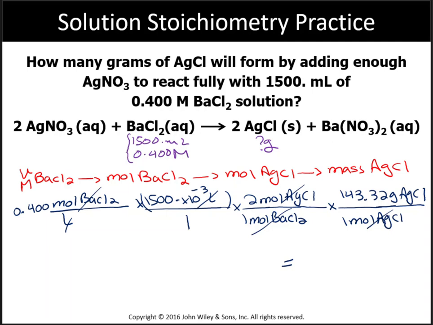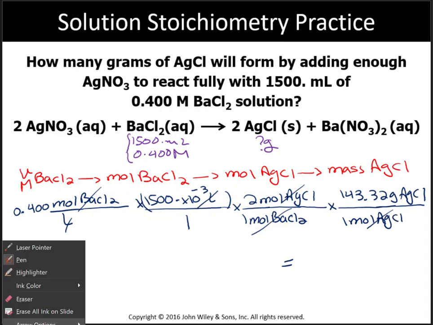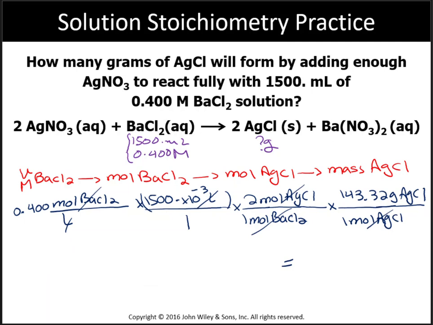That tells us that we set this up correctly. Now let's solve. So this is going to be 172 grams of silver chloride. That would be the mass of silver chloride produced from a reaction of enough silver nitrate with 1,500 milliliters of 0.4 molar barium chloride solution based on this balanced equation.